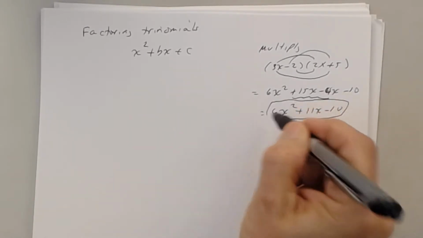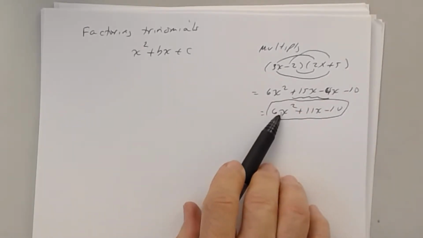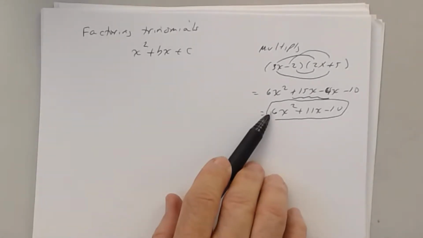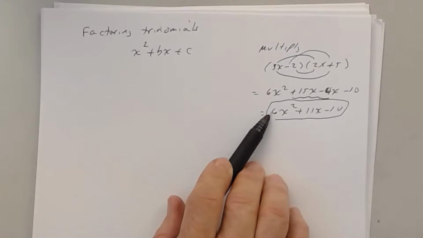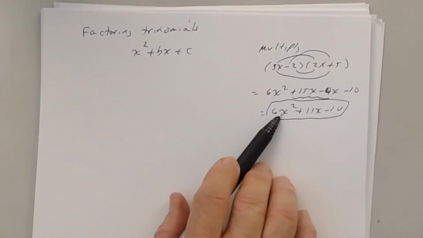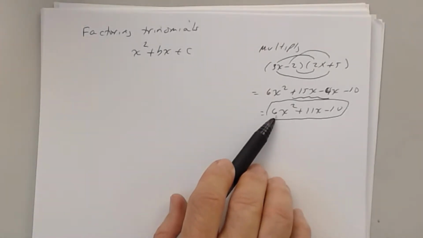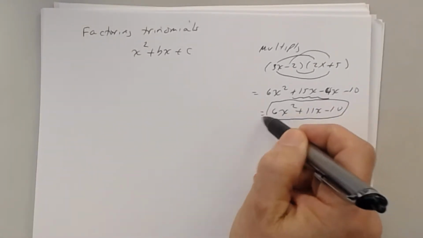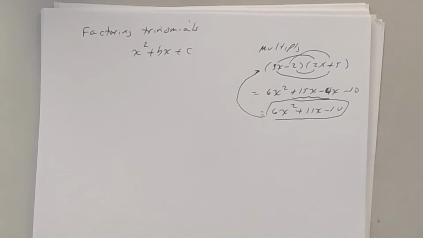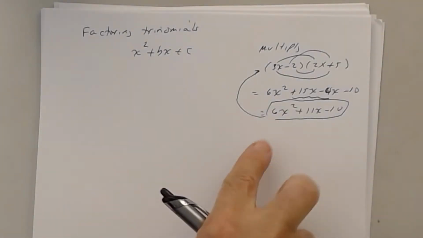So what's happening now, and notice that this coefficient of x squared is not 1, but it's what? 6. So at some point after your test, you're going to have to factor trinomials where the coefficient is not 1 anymore. So basically you want to go from here to here. That's what you're going to be doing, going from here to here.